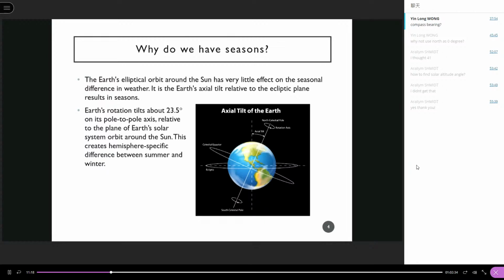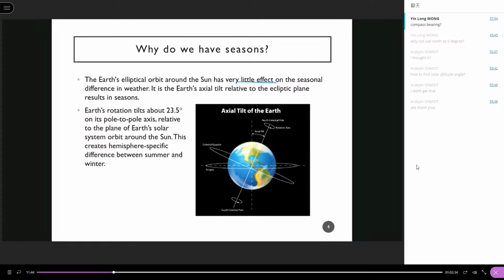Why do we have seasons? Is it because the Earth revolves around the sun in an ellipse, not a perfect circle? Is it because of that reason? No. The Earth's elliptical orbit around the sun has very little effect on the seasonal difference in weather.